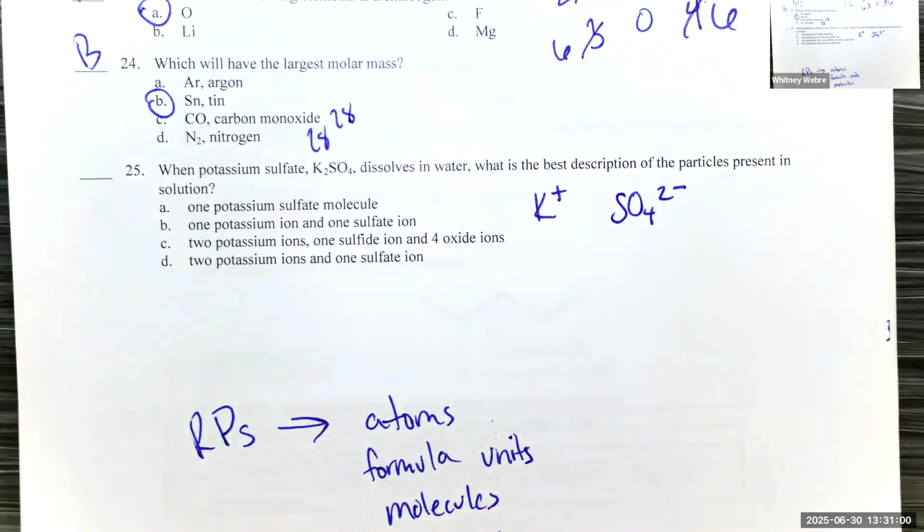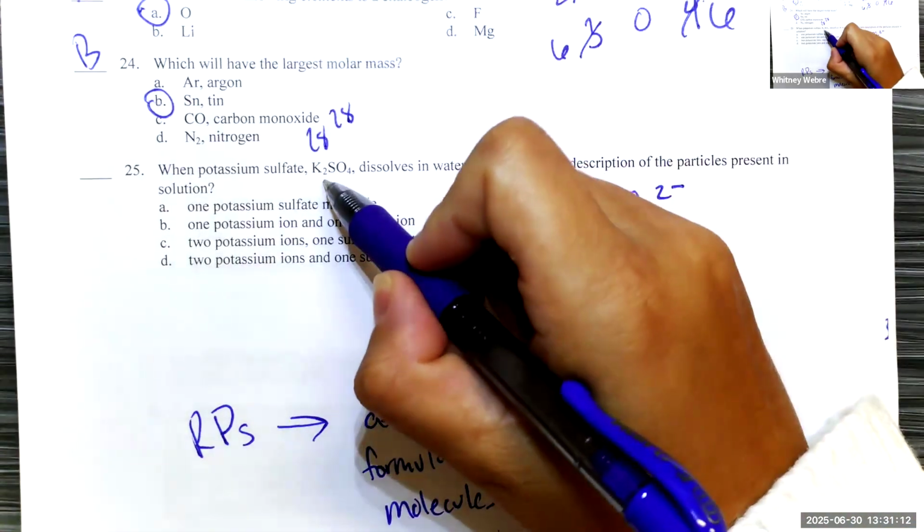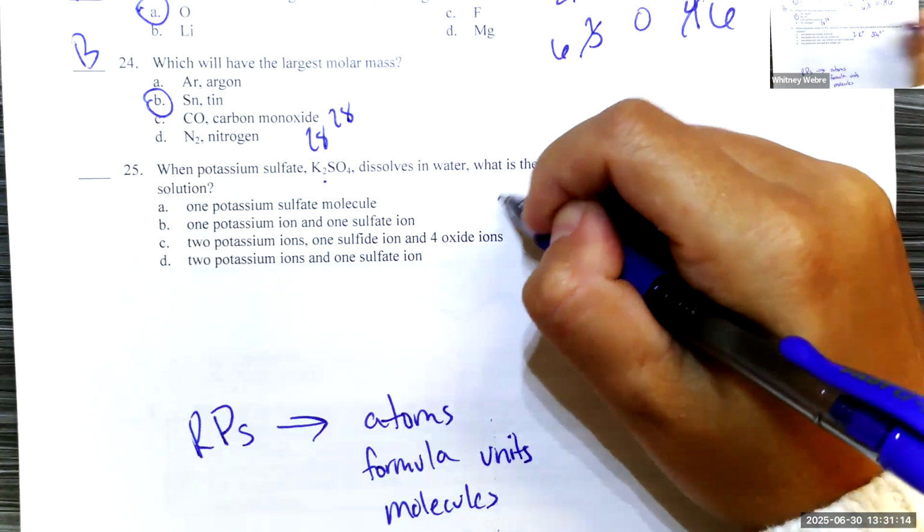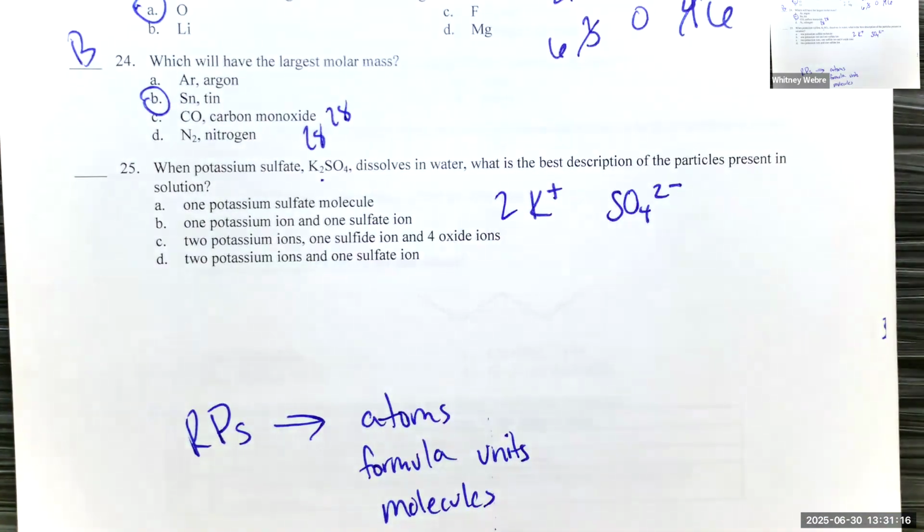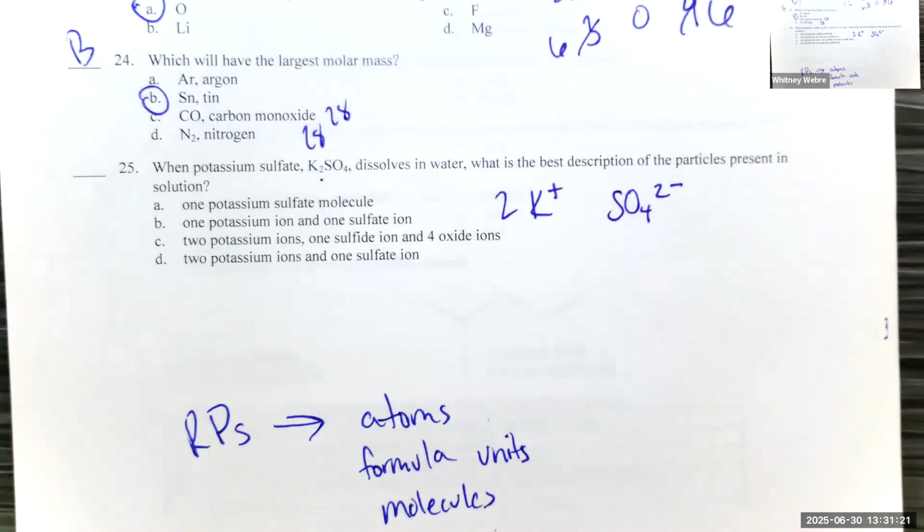So if I was to dissolve it in water, it breaks up into ions. But sulfate does not break up any further than this. It stays together. It's SO4 2 minus and K plus. But there's a 2 next to the potassium, so that means that there are twice as many potassium ions in solution as there are sulfate. Does that make sense? Okay.